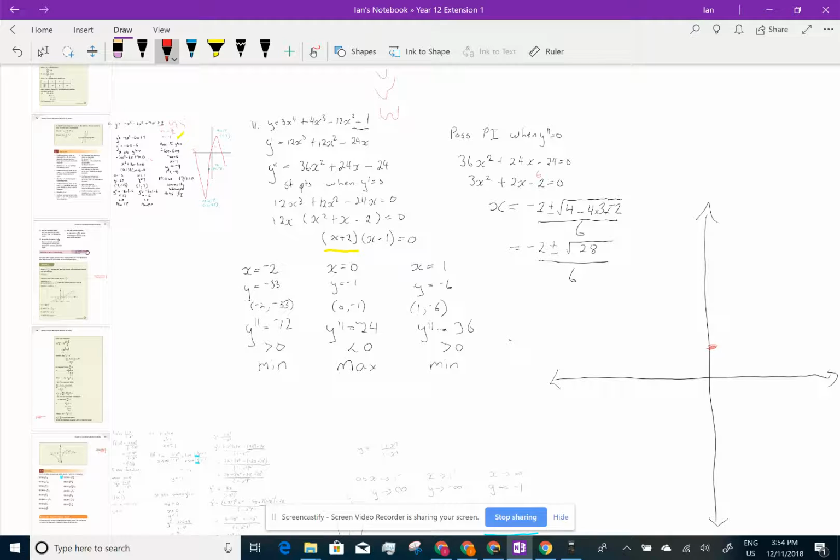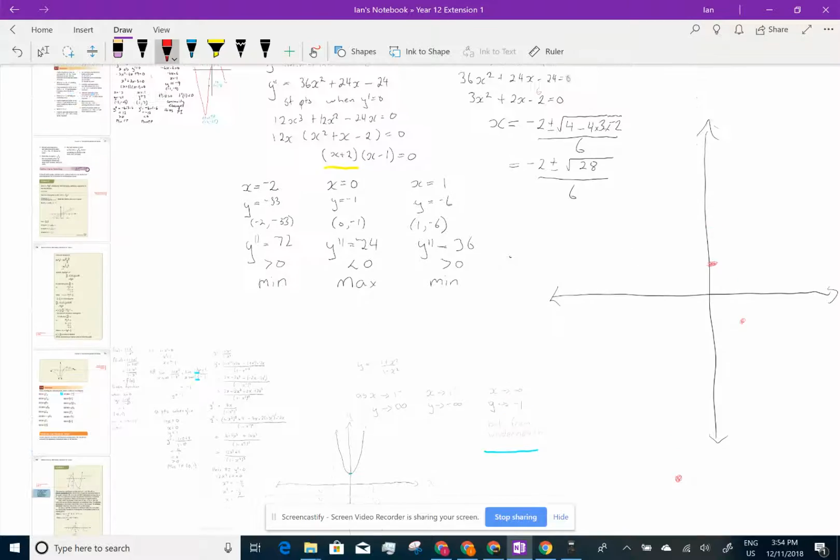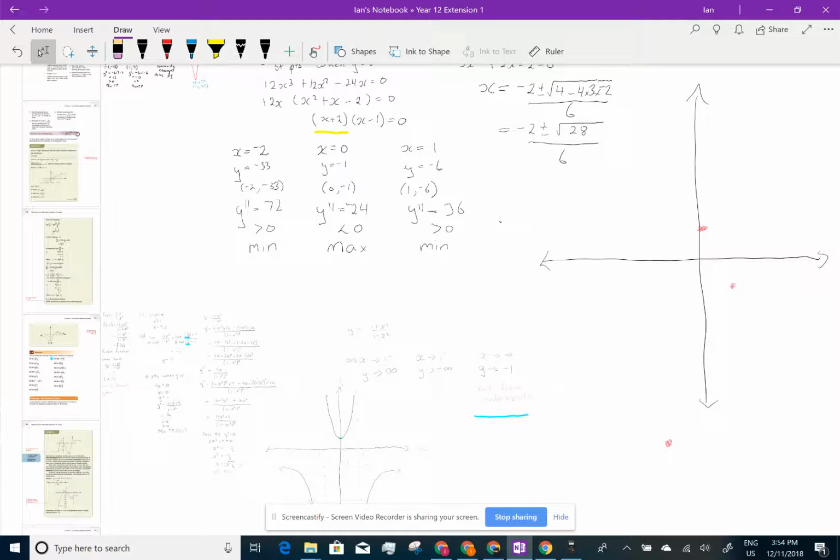There's minus 1. And I've got negative 2 over here, and negative 33. So the scale is really bad down here. Here's negative 33. And then I've got 1 and negative 6, so there. Now, you're not meant to factorise that and get the roots, but we can at least show the stationary points.